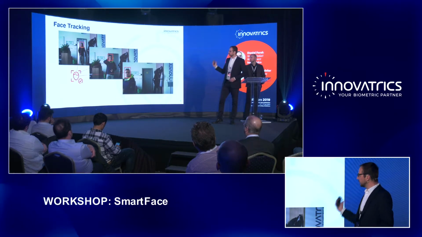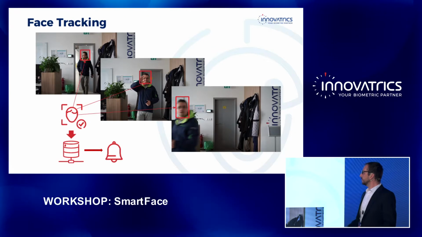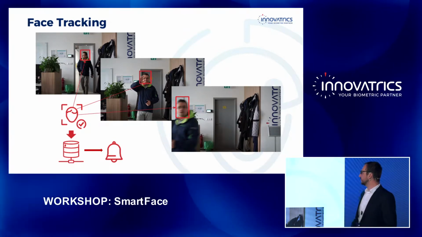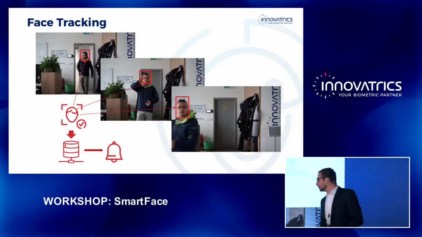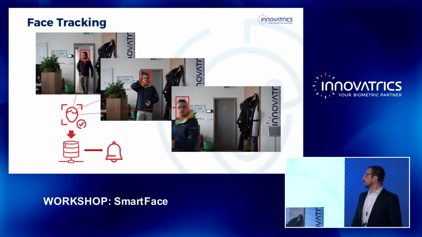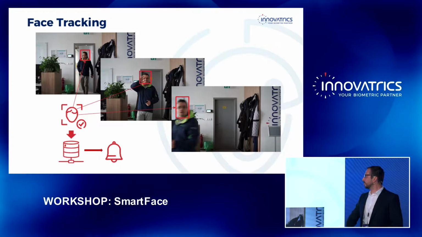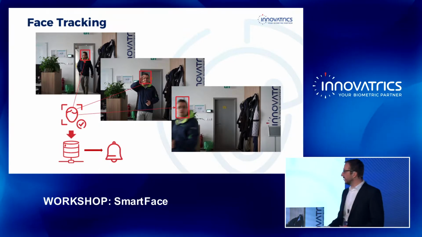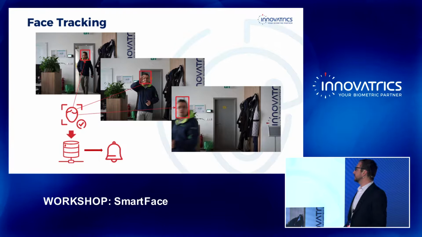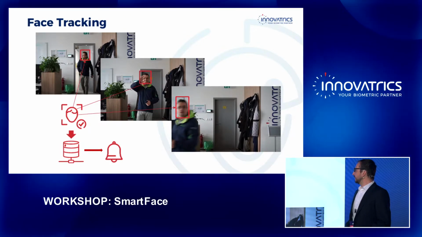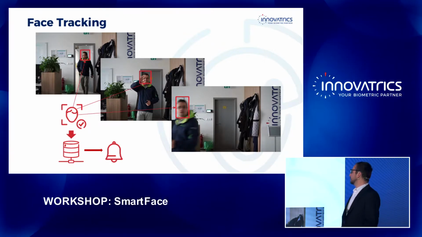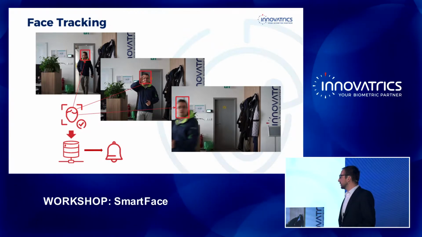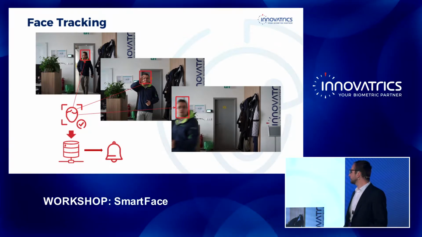Do you want to get that many notifications for the very same person? Probably not. And that's where SmartFace is capable of doing the face tracking and recognizing that, okay, this is still the same person in front of the camera, and only send the notification for that particular person once.